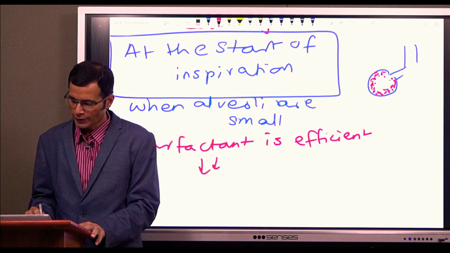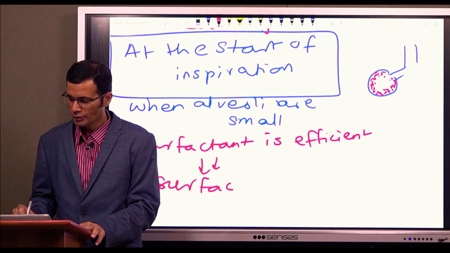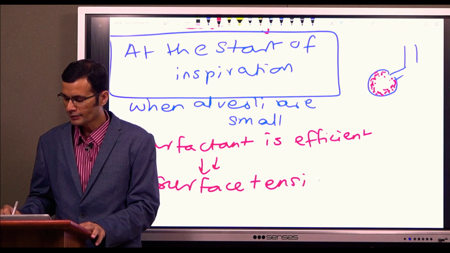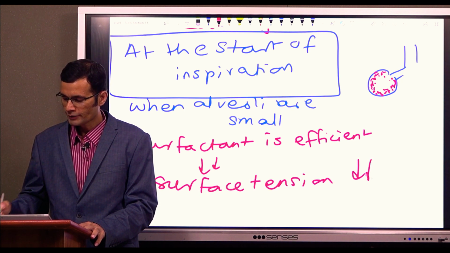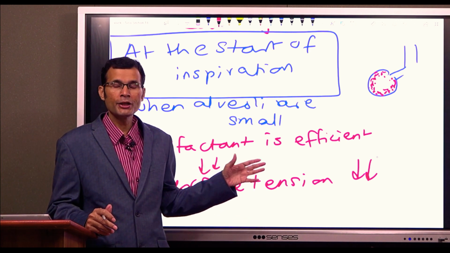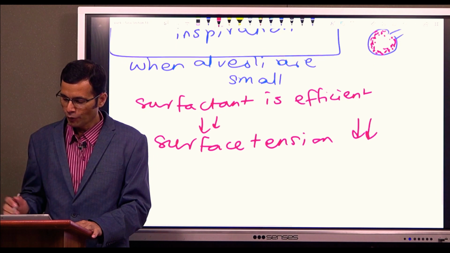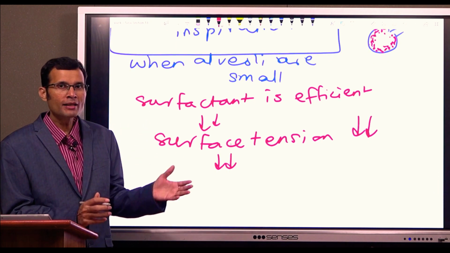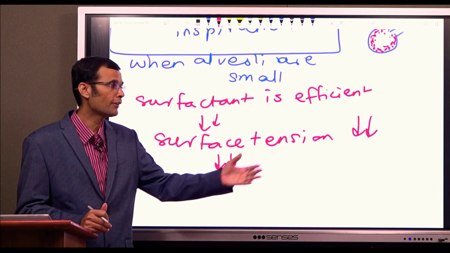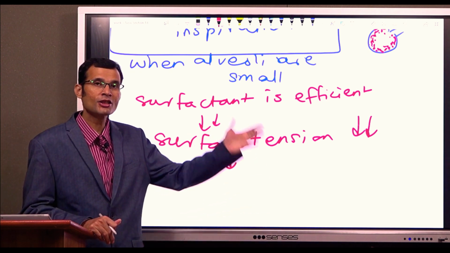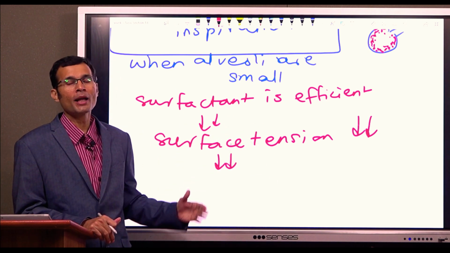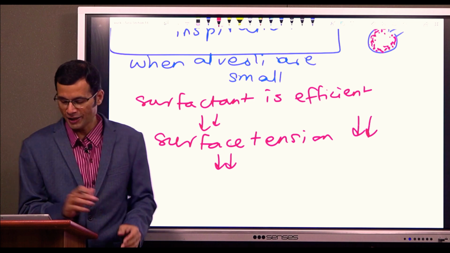Therefore, surface tension will be reduced dramatically, and we have already said compliance is inverse of surface tension. So, if the surface tension is low, that means compliance would be high.